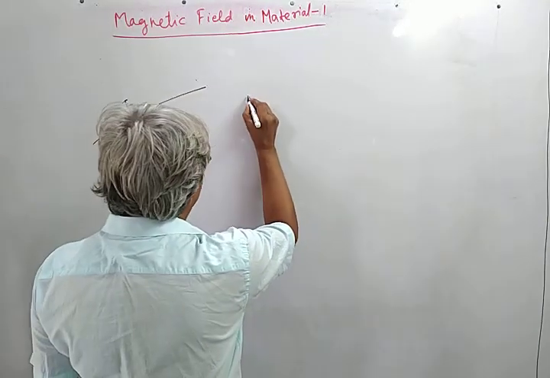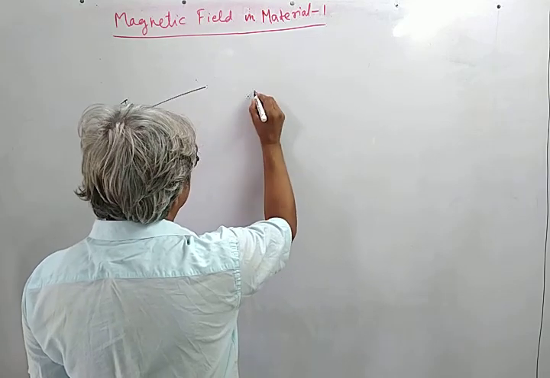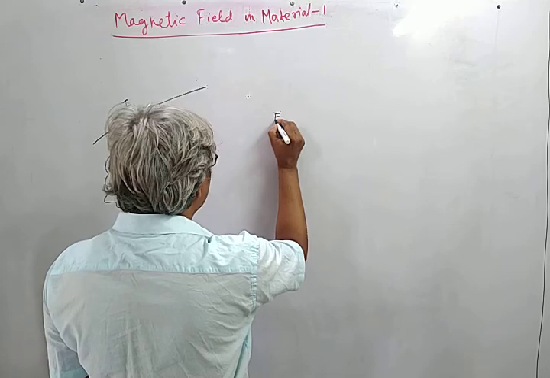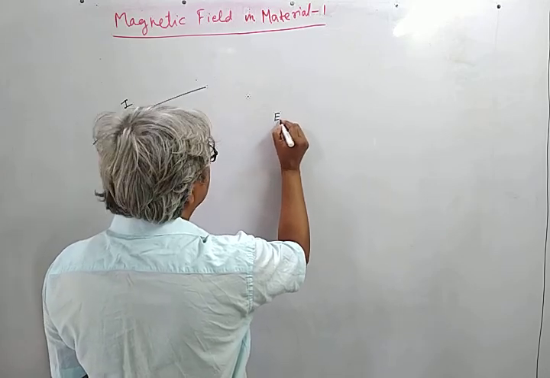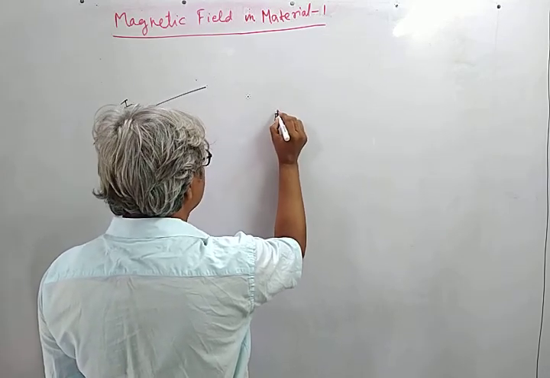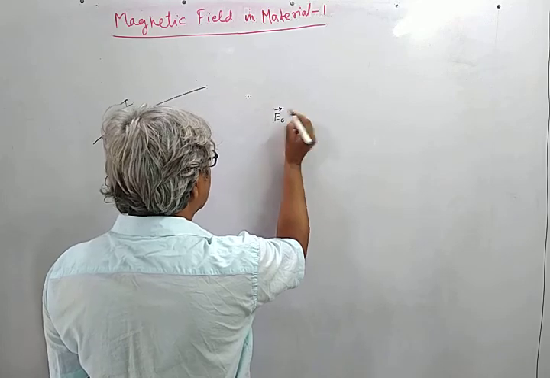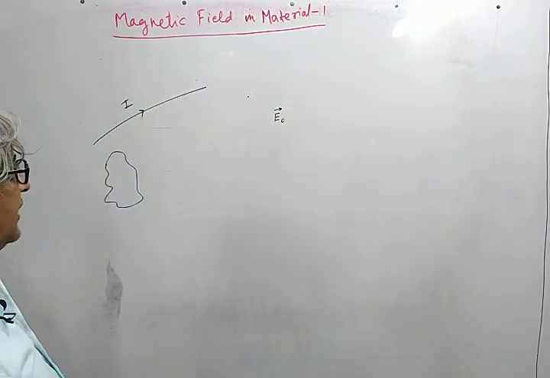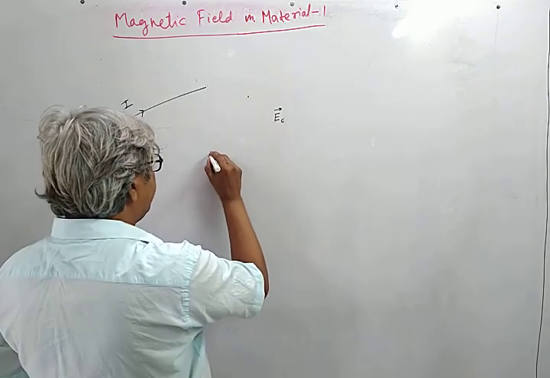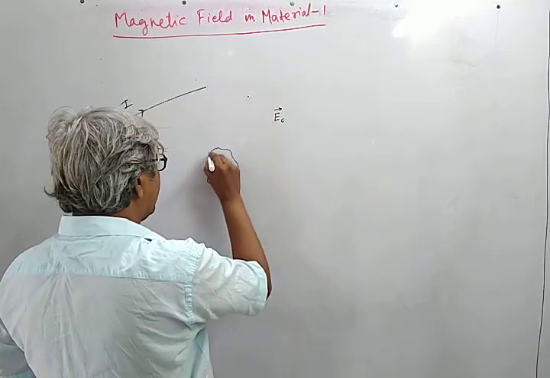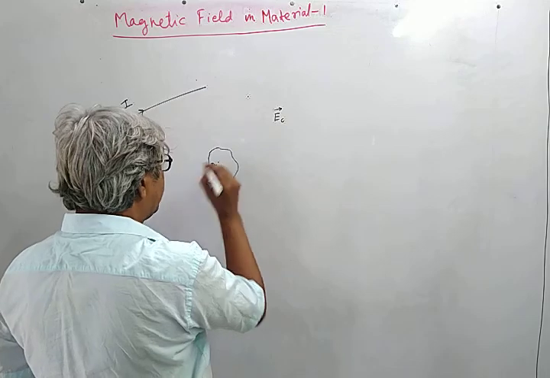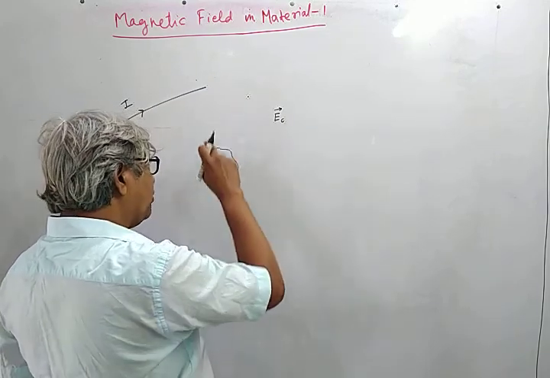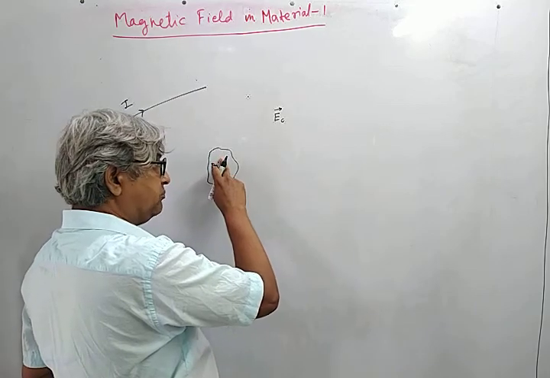We found that if we have a charge or charge distribution, then it produces a field, the field due to the conduction charges. And if we place a dielectric material in its neighborhood, then this field produces polarization.